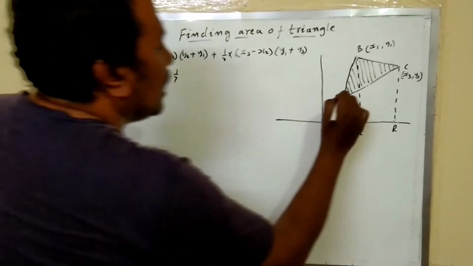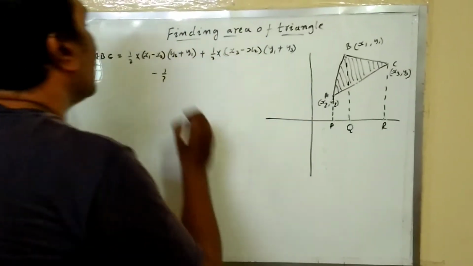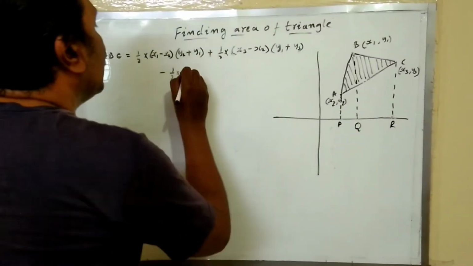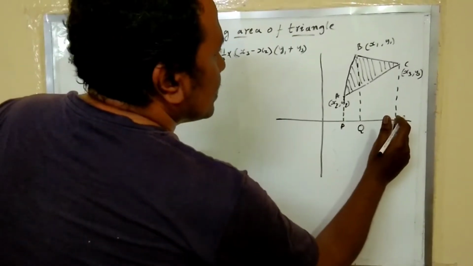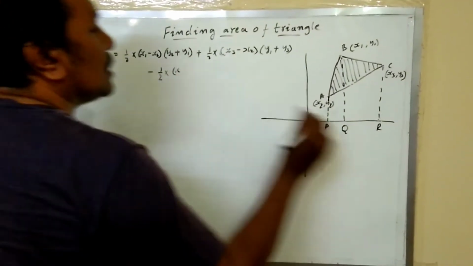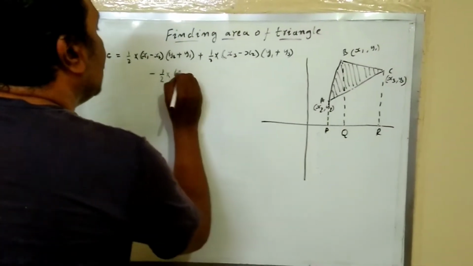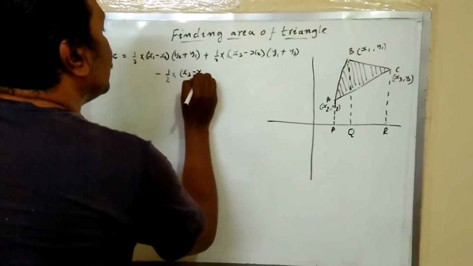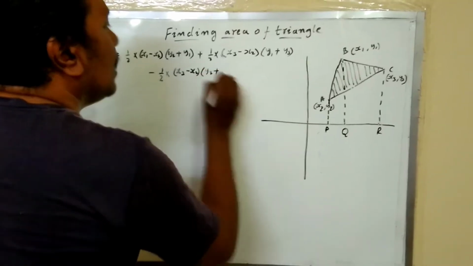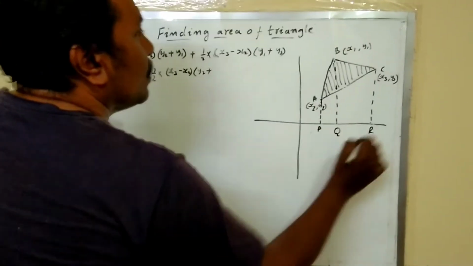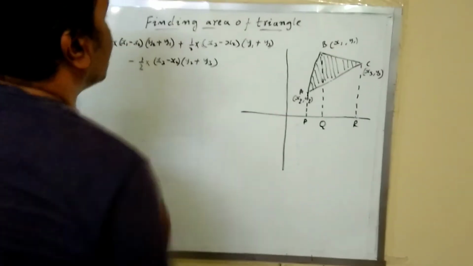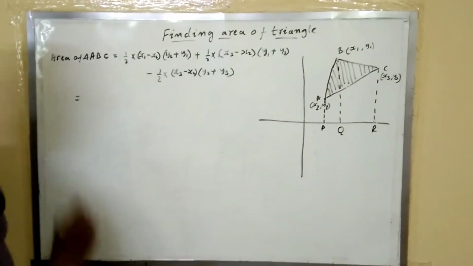Minus the area of trapezium APRC, half into PR. What is PR? x3 minus x1, into the sum of the parallel sides AP and CR, y1 plus y3. Okay, now let's simplify this.